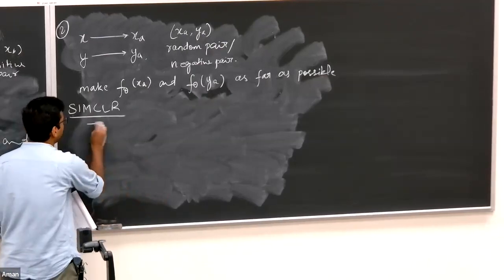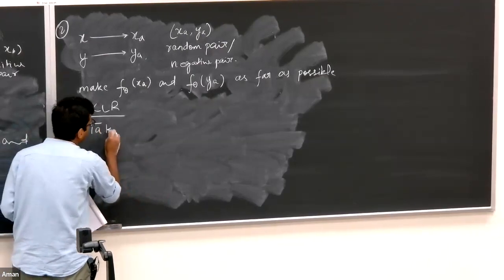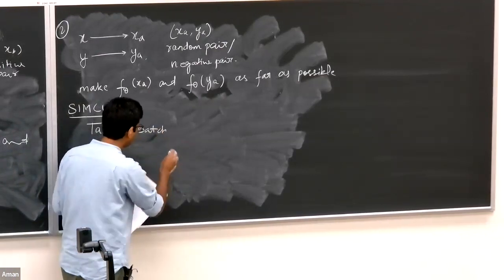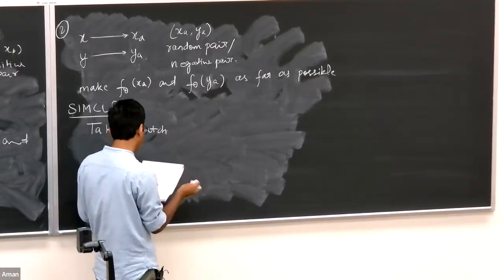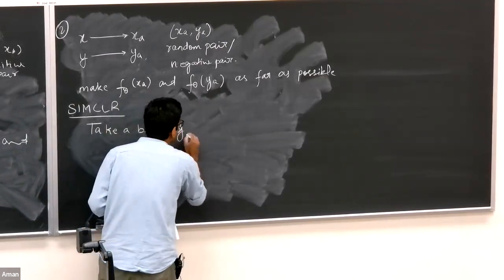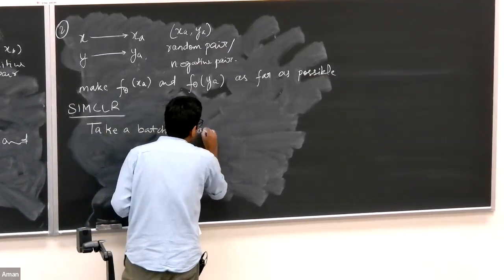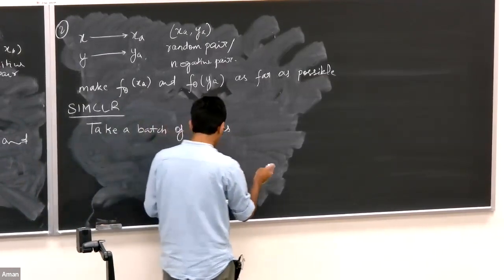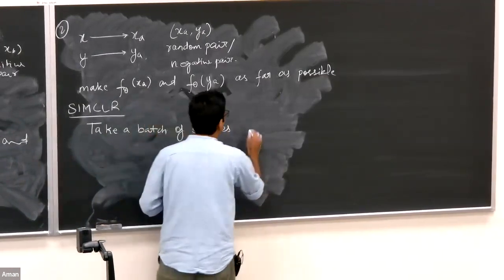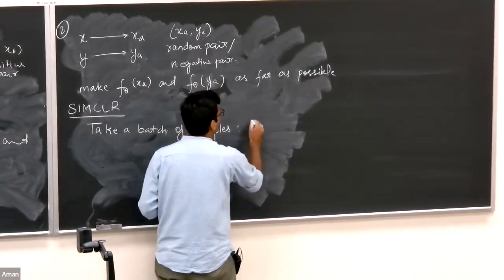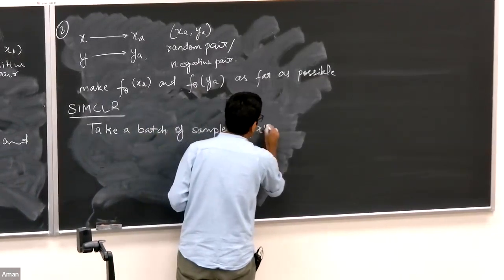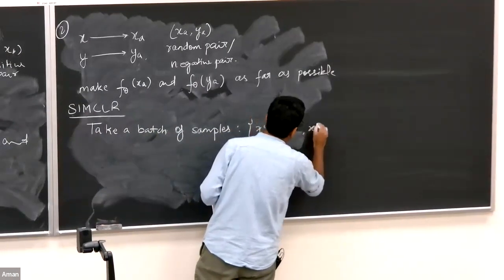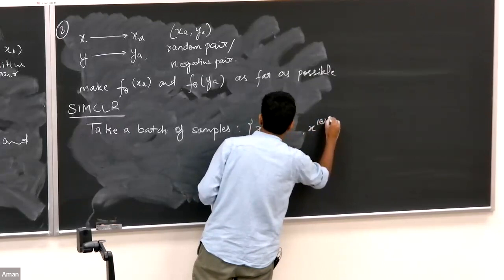So you take a batch of samples, which means that you have x1 up to xB.